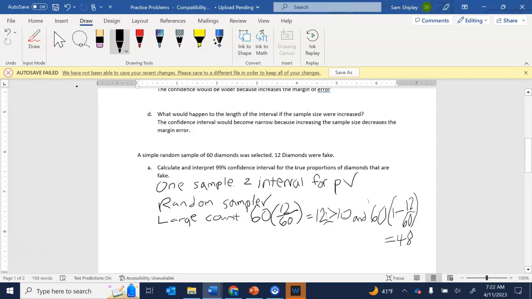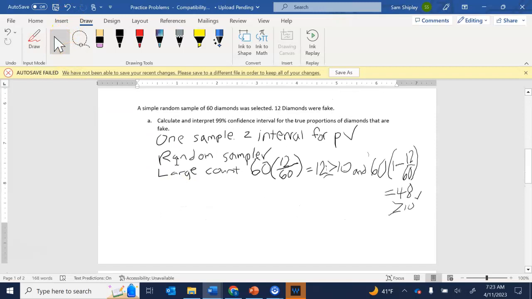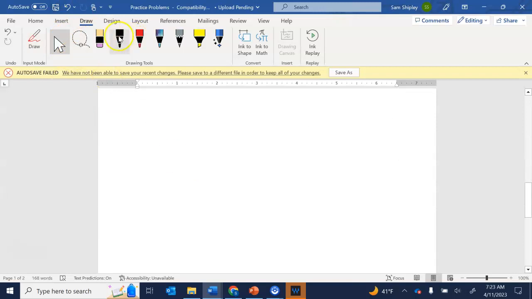Okay, so we get 48. So that as well will be greater than or equal to 10. So we know that it's a large count. So all our checks are good. So we'll go ahead and get our equation going. I'm going to scroll down to this next page.